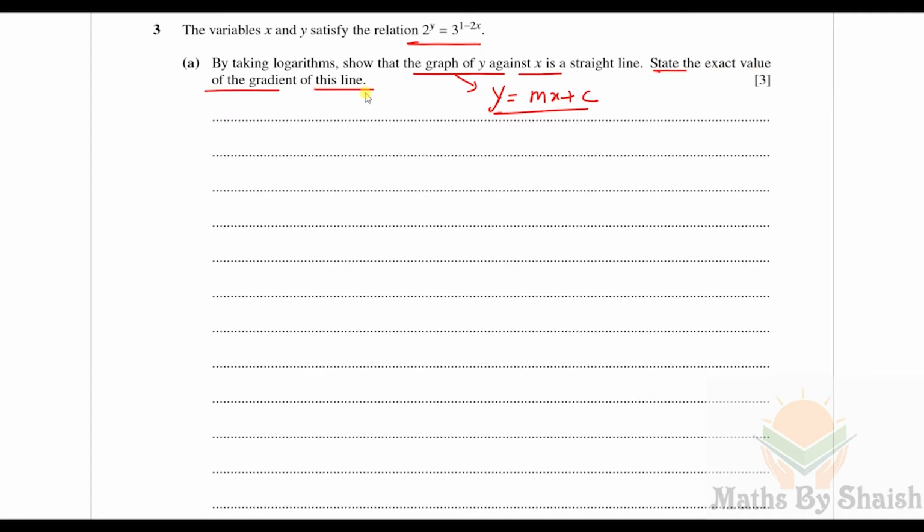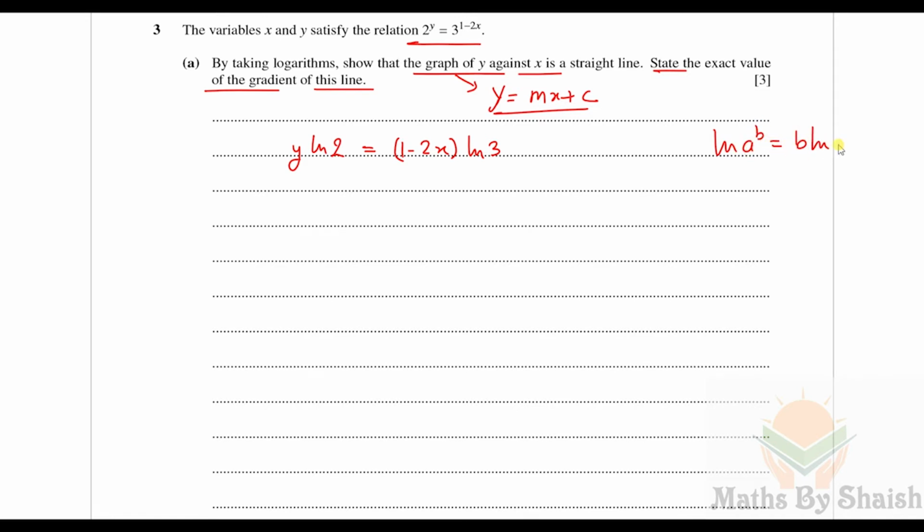So let's start by taking the log on both sides. We will get y ln 2. We can take log base 10 also, but let's take the natural log. So y ln 2 is equal to (1 - 2x) ln 3. We use the property of logs that ln a^b is b ln a.